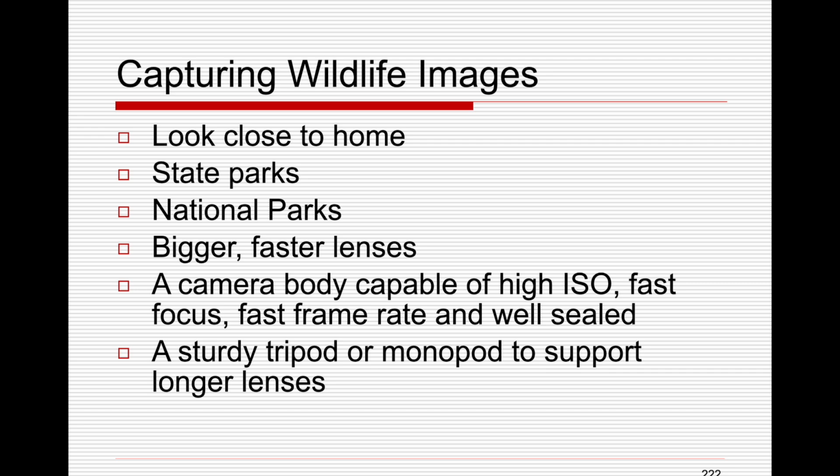We'll want a camera body that's capable of higher ISOs, fast focus acquisition, fast frame rate, well sealed. We'll want a really sturdy tripod or a monopod to support the longer lenses. Sometimes you'll want to even have a gimbal head on there.